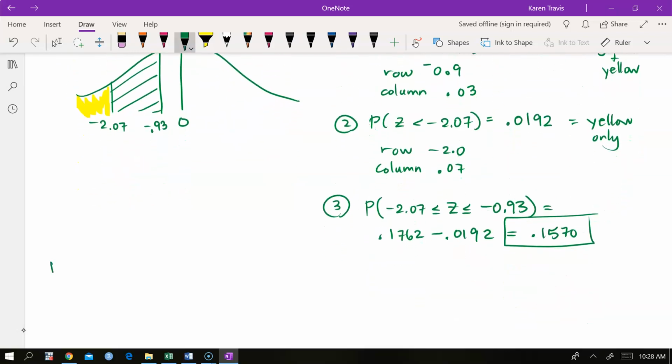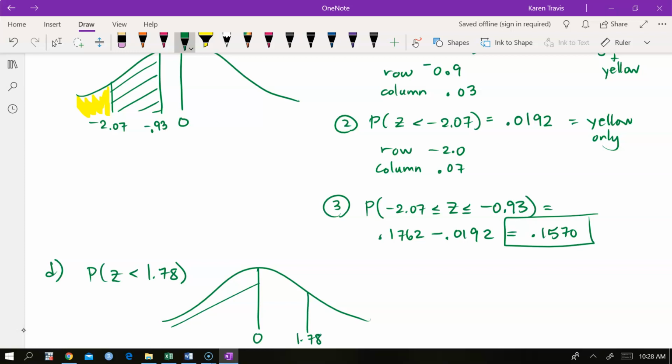And here's our last one. Our last one asks us for the chance that z is less than 1.78. So that's positive. Here's 1.78. Z less than positive 1.78 is this whole thing. So I can look at z less than 1.78.